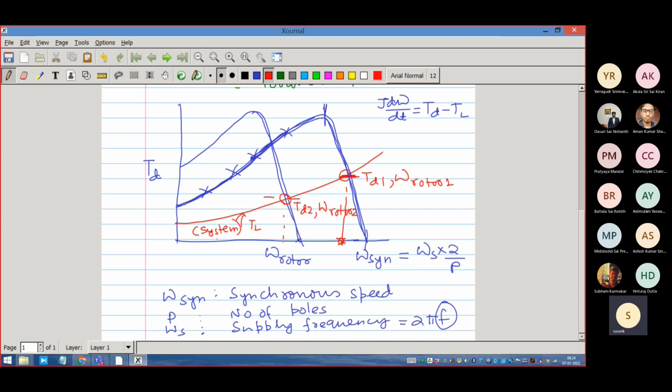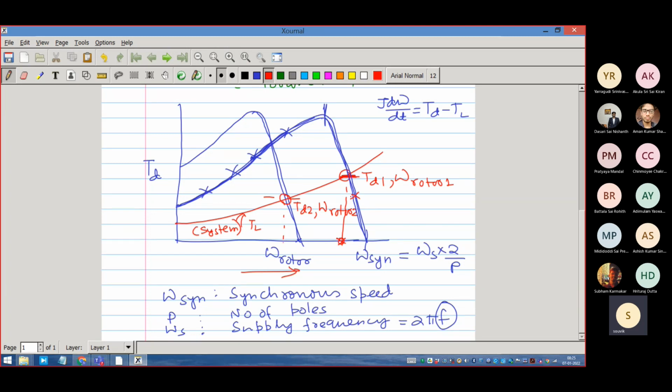So this is the way the speed will continue to increase, and eventually it will come to this part of the slope. And here you see that the torque versus speed slope is negative. If you give a perturbation in the speed, this is the rotor speed, suppose it is supposed to be operating here and for some reason it has come to this point, then what is the tendency?